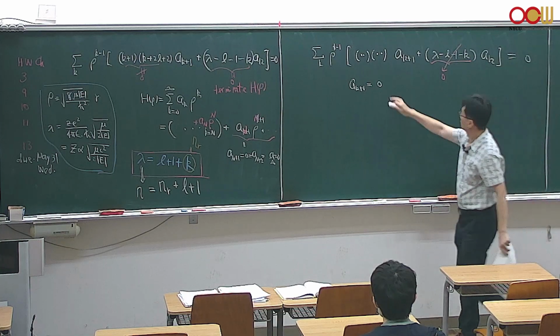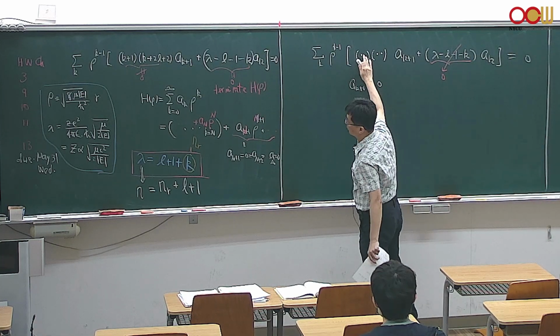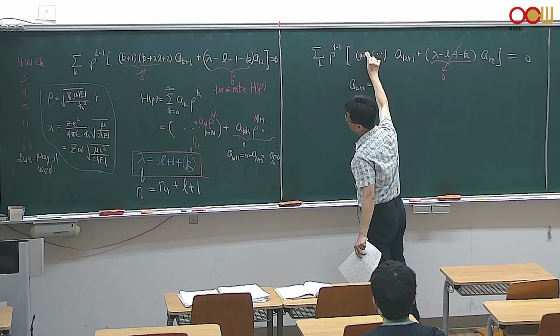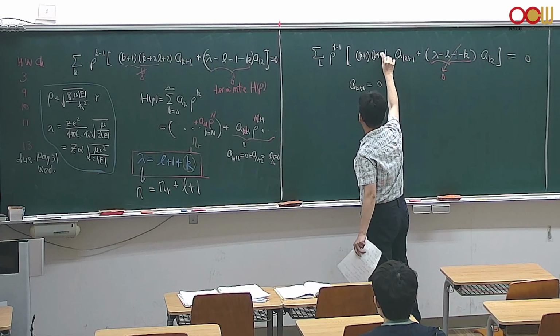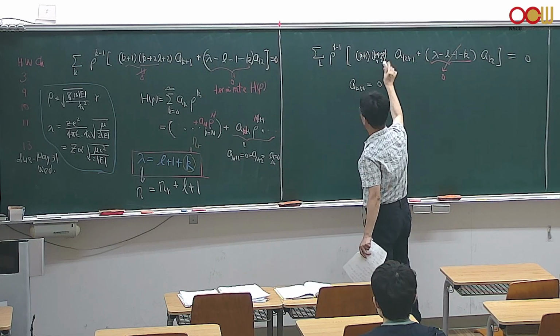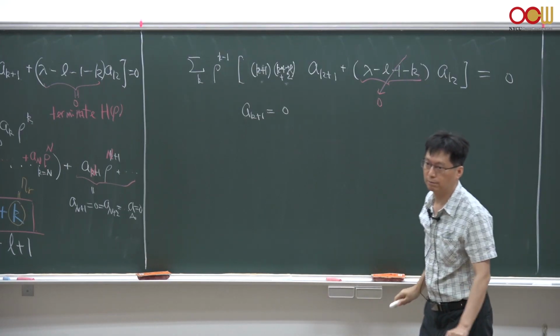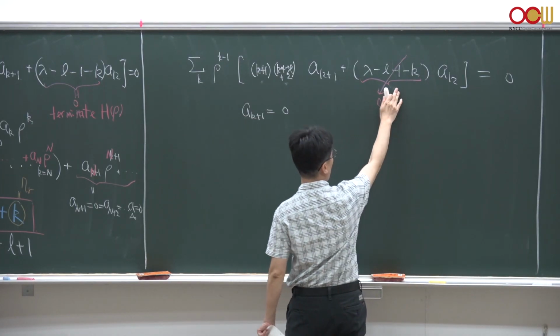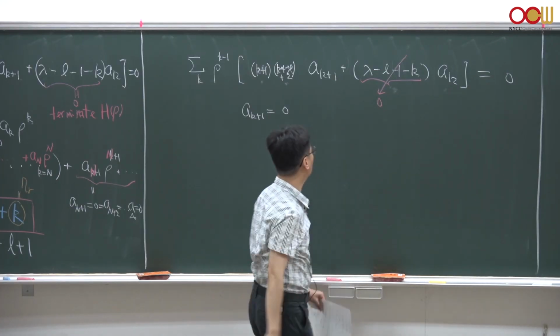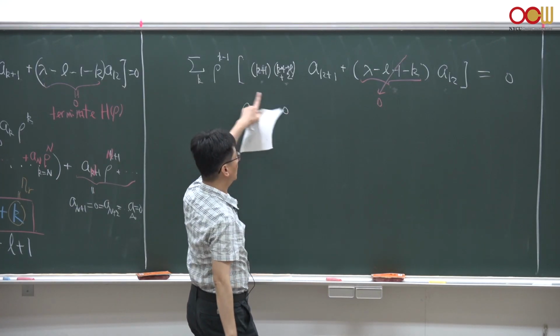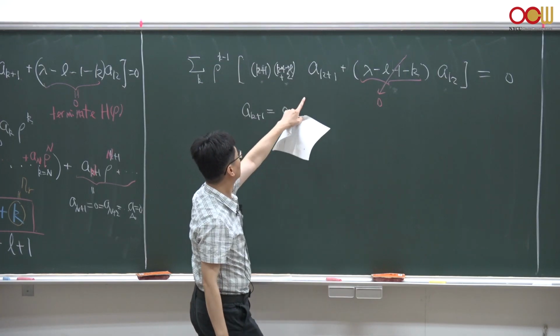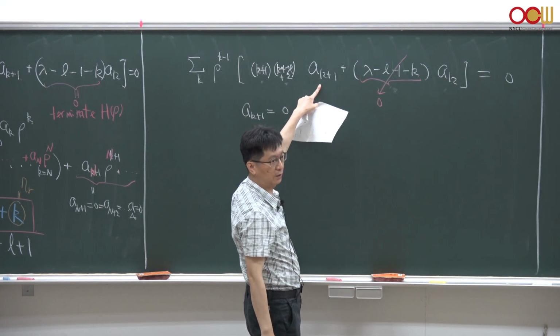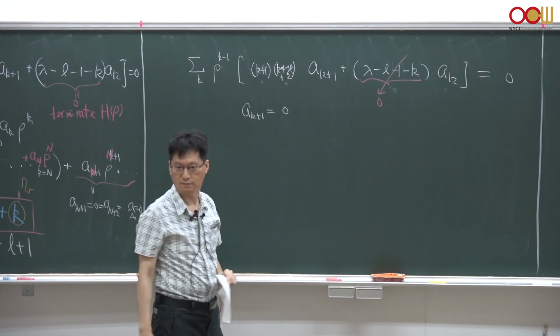All right, because this other bracket refers to k plus 1, k plus 2L plus 2, so both brackets are positive numbers. But this is 0. So 0 times a_k is 0. And to satisfy this, you must conclude that the coefficient a_{k+1} vanishes.